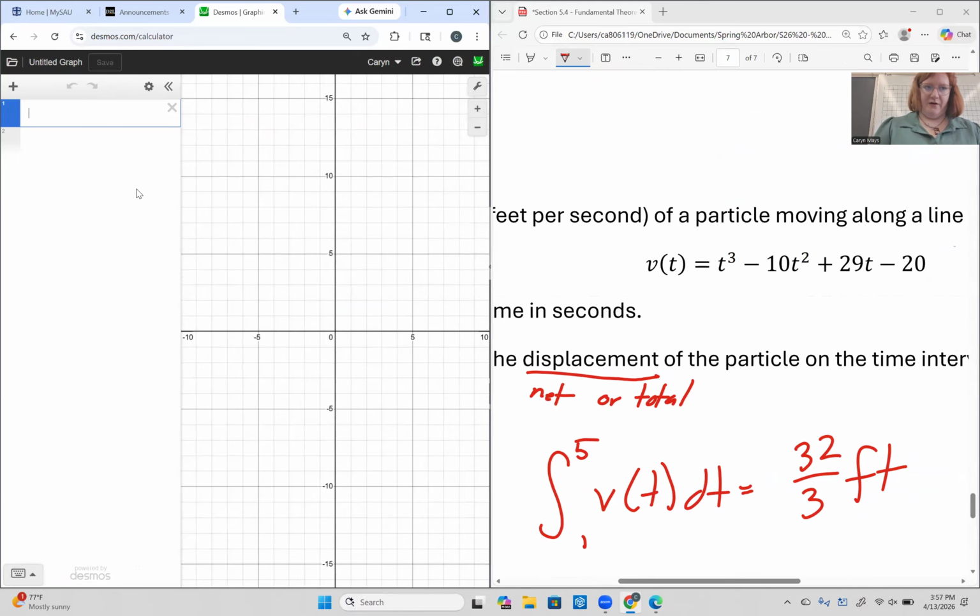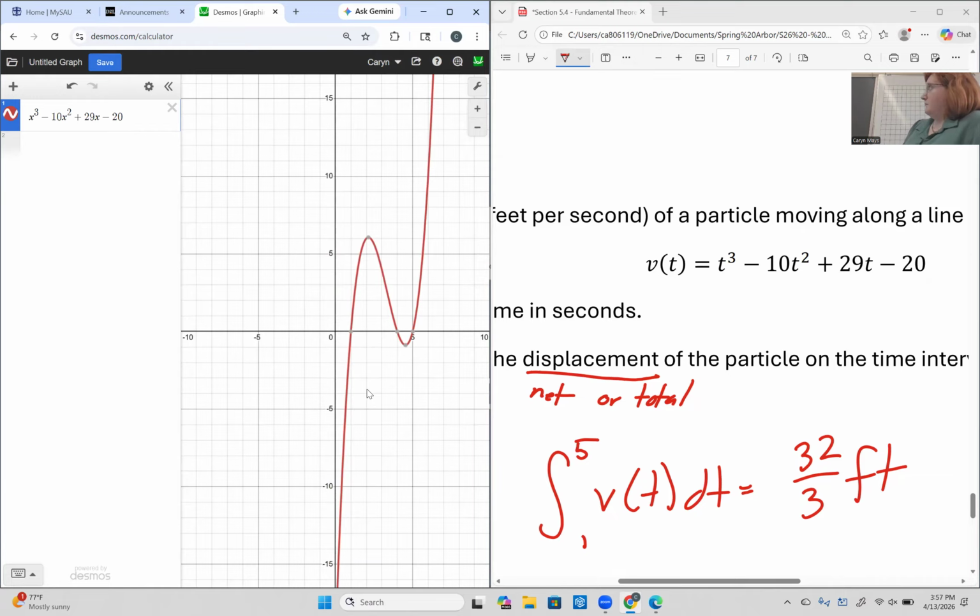Our velocity function is x cubed minus 10x squared plus 29x minus 20. And we want to find from 1 to 5. This function is above from 1 to 4, below from 4 to 5.